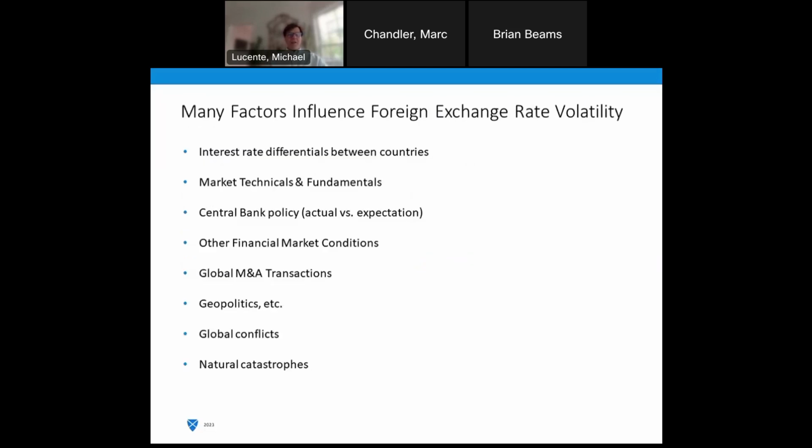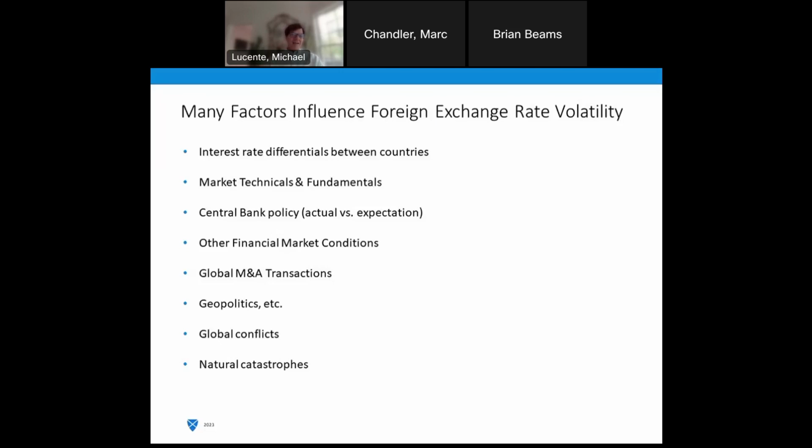So what's driving this exchange rate volatility? First of all, the interest rate differential between the countries. If we were looking at Europe and the United States, and Europe were paying 10% on European government bonds, and the US is paying 1% on US government bonds, and the exchange rate between the euro and the dollar is 1 to 1, everybody is going to buy the European bonds, why not take the higher yield?